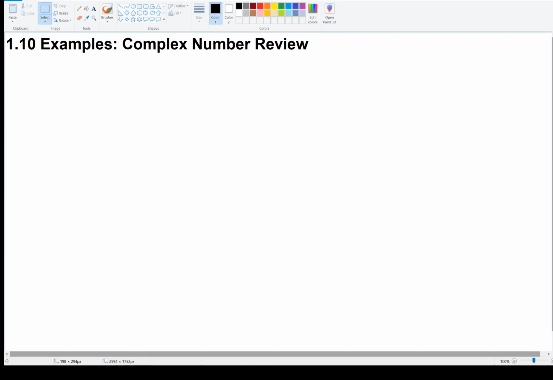All right, now let's say we wanted to add or subtract complex numbers. Well, you might remember from physics that adding and subtracting vectors is best done in rectangular form.